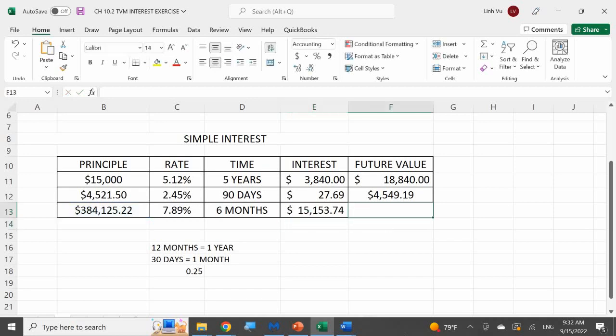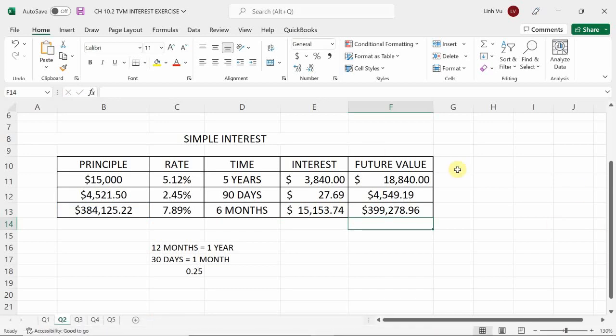Giving you your future value to be 399,278 and 96 cents. Good. All right. So that's how you know how much interest you'll be collecting for simple interest and how much your future value will be.